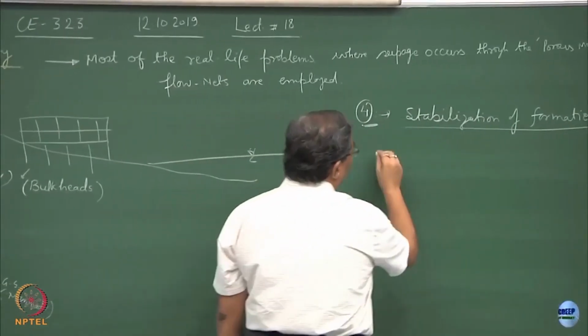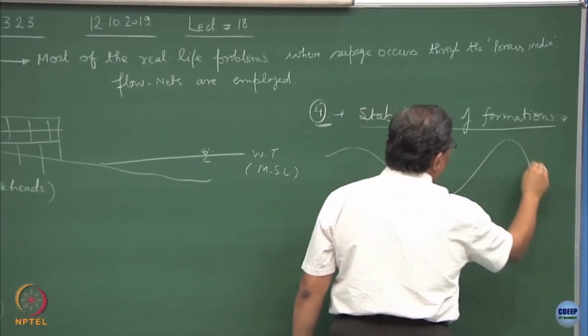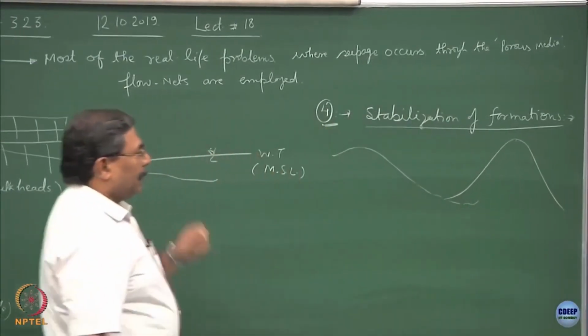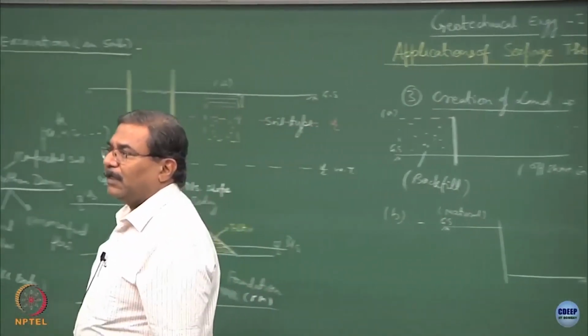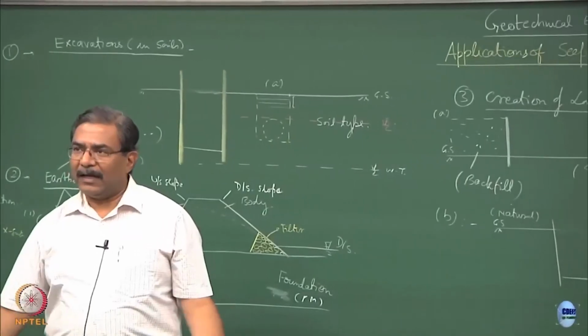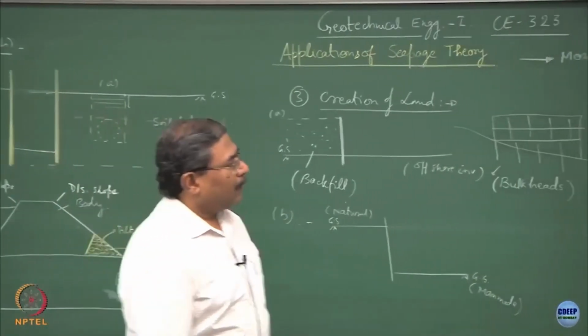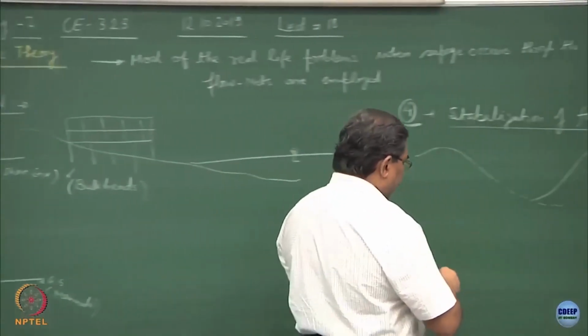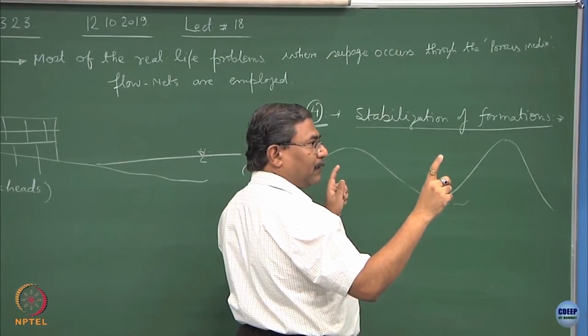So, suppose I give you a situation like this, this is a series of hillocks, and when you want to do expansion, either roads have to be built there, or railway lines, or pipelines, or storage tanks have to be built there. So, suppose I want to create a right of way, you understood this statement?